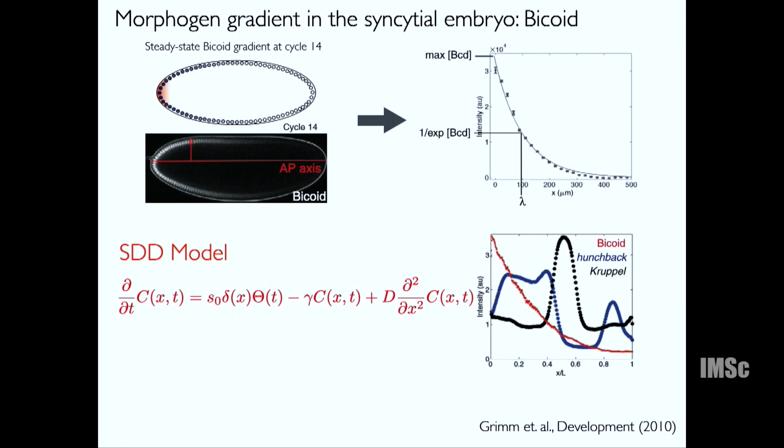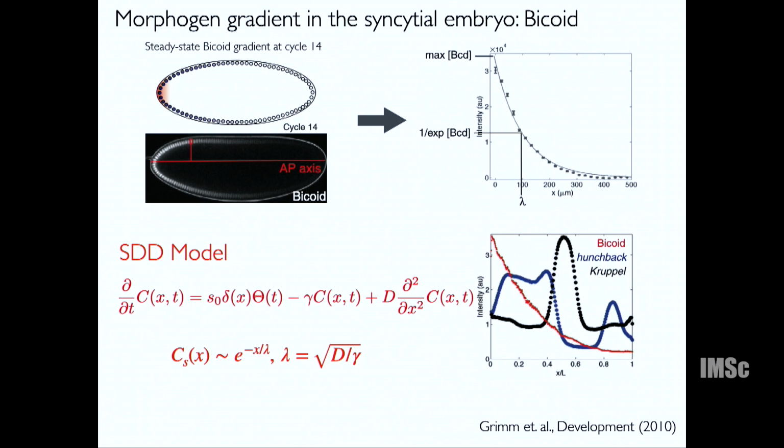If you have such a model, the competition between degradation and the source will give rise to a time-independent steady-state profile. The steady state is an exponential profile where the length scale of the gradient is controlled entirely by the diffusion coefficient and the degradation rate.